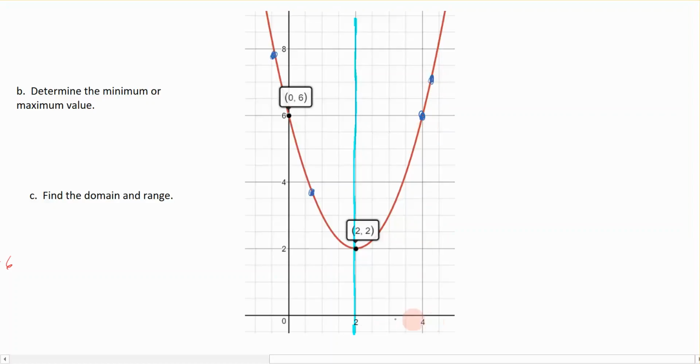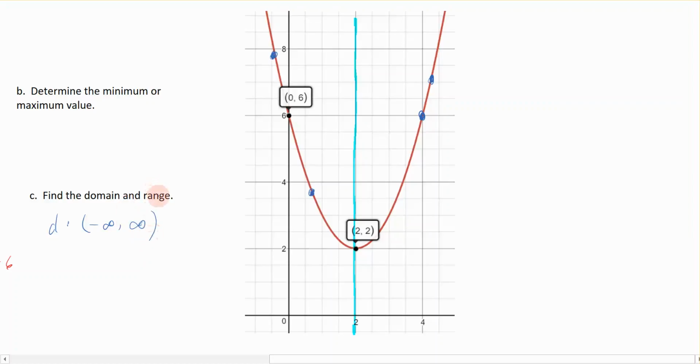Because I can choose any point along the x-axis and get the corresponding y value on the graph for any x value, that means the domain of the function is from negative to positive infinity. Okay?